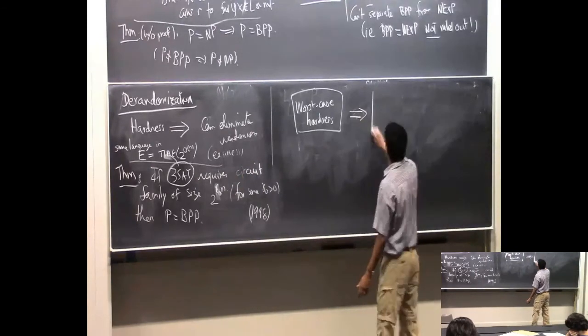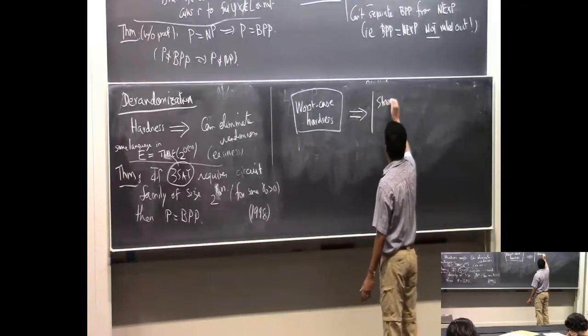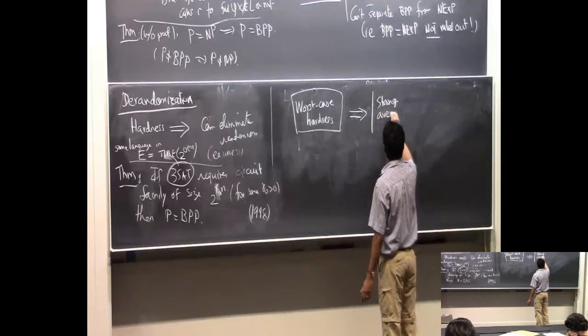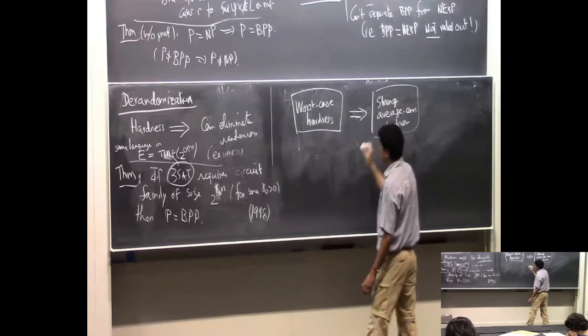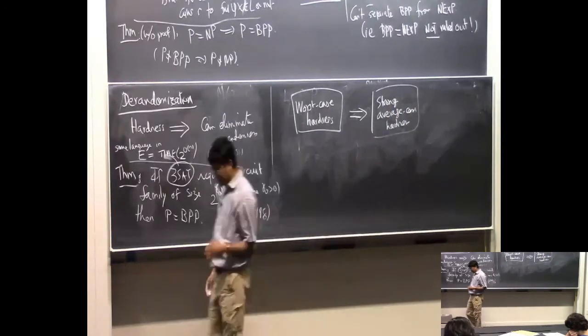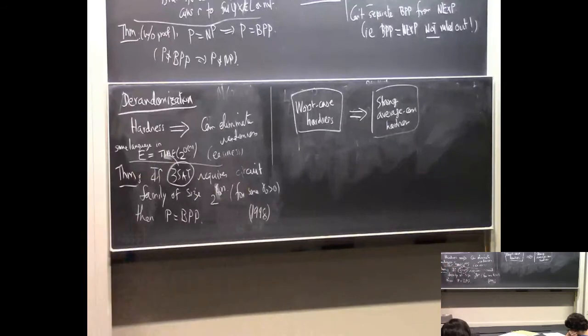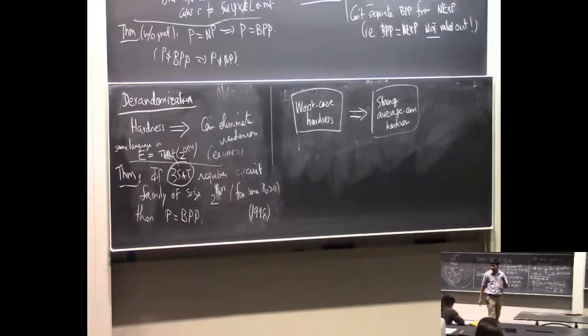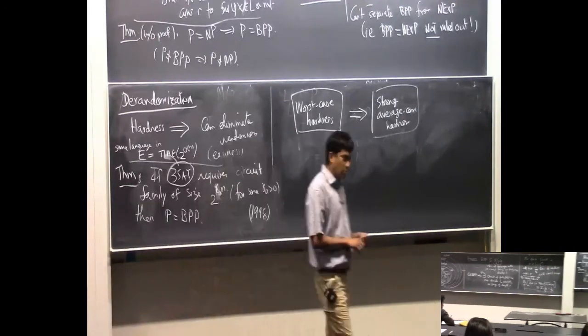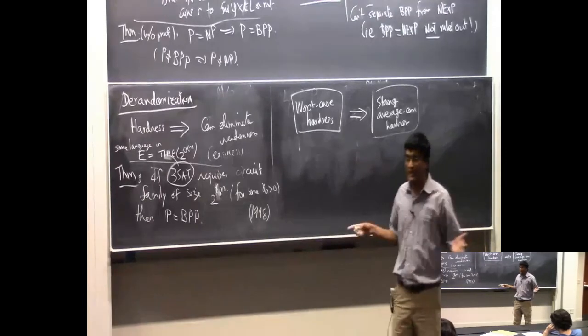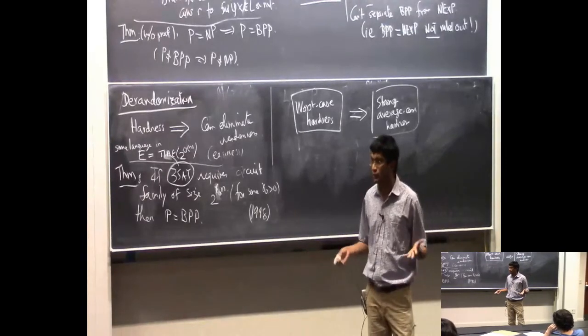From that, you convert it to a strong average case hardness. What I mean by that is that if you're hard in the worst case, namely it's hard for you to get every input right, in fact circuits of this size are going to be as bad as random guessing.